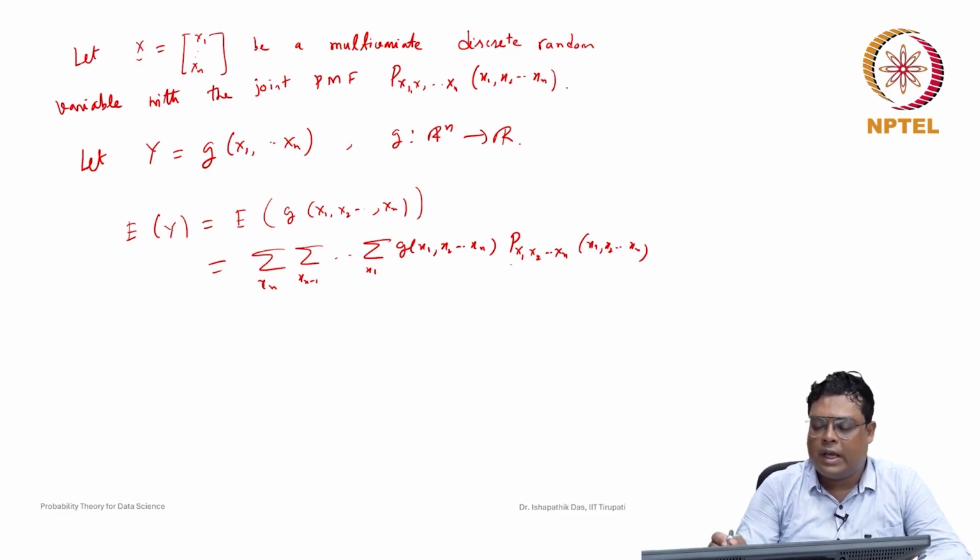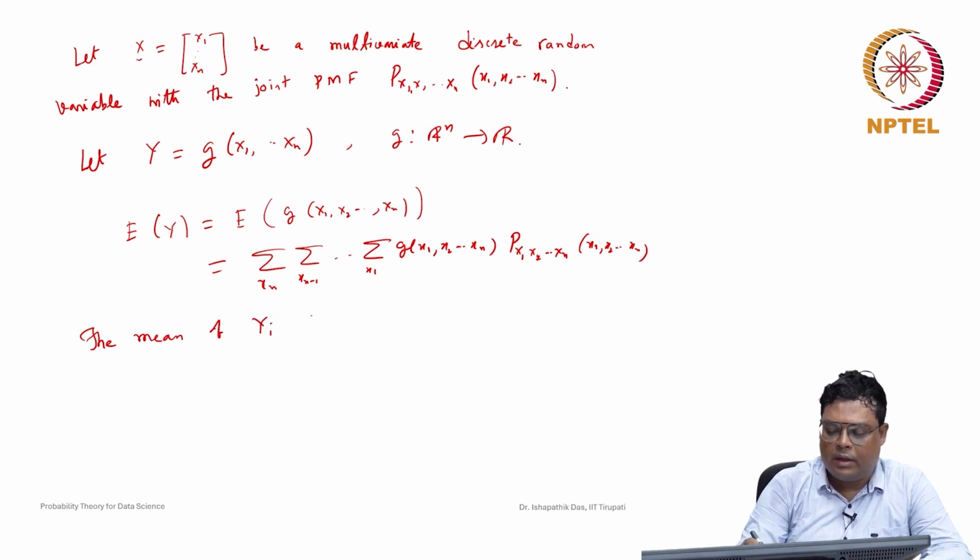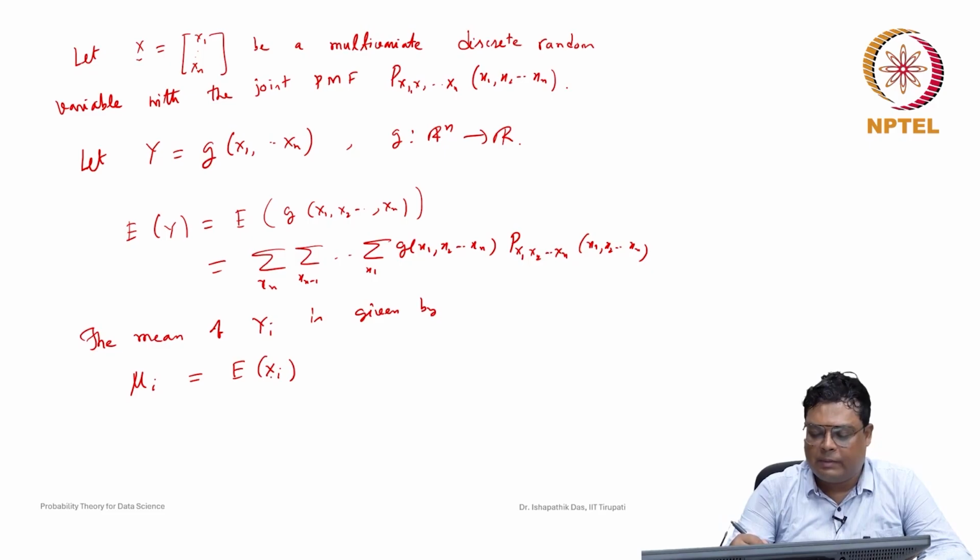Now we can use the general definition to find all other moments. Suppose we are finding the first order moments, the mean. Let us find the mean of xi, which we denote by mu xi, the expected value of xi.